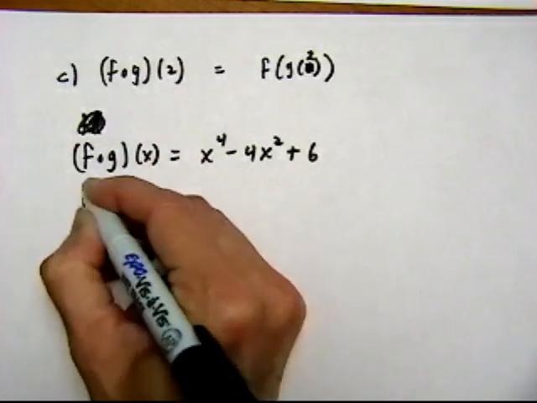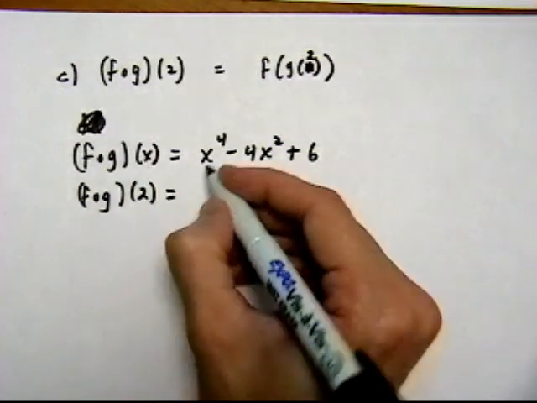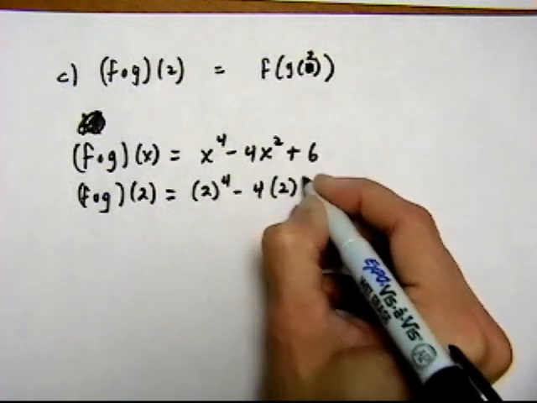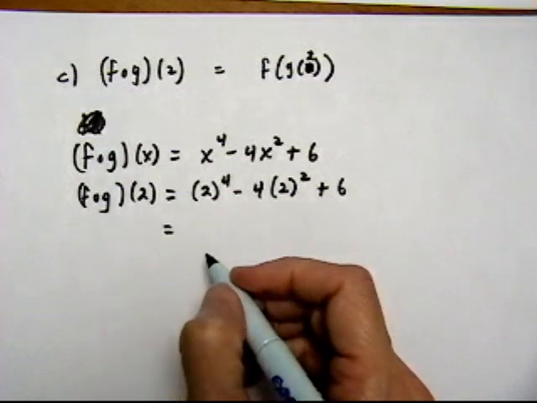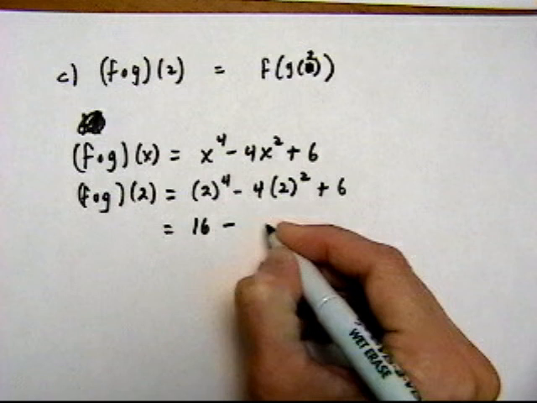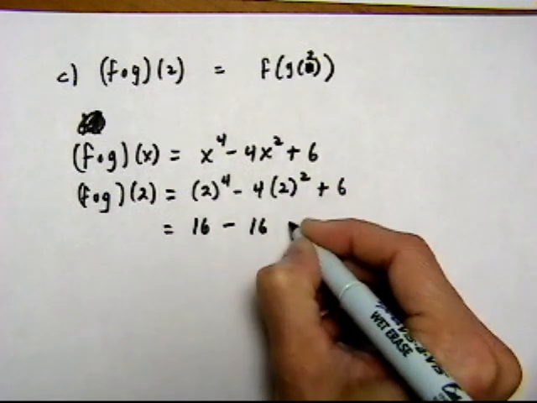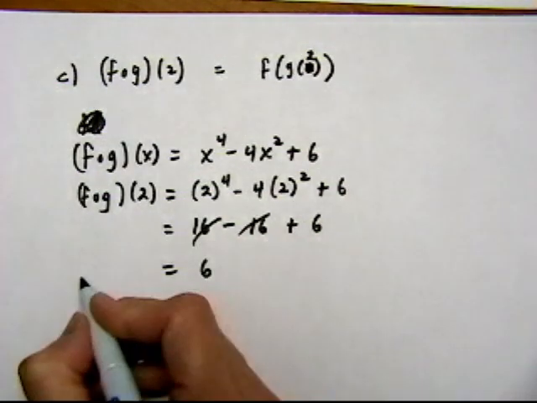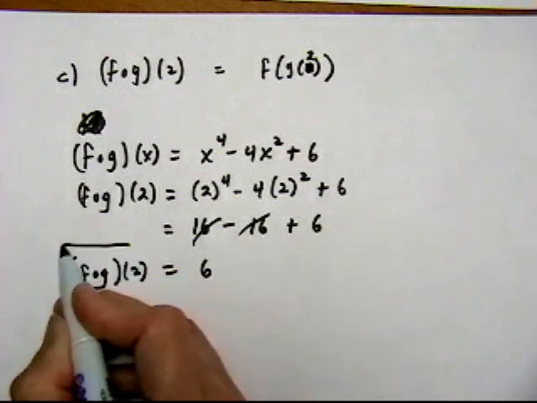So that means f of g of 2 is, and replace every x by 2. 2 to the 4th minus 4 times 2 squared plus 6. And evaluating that, we get 2 to the 4th is 16, minus 4 times 2 squared is 4, so 4 times 4, 16, plus 6, and that gives us 6 for f of g of 2.